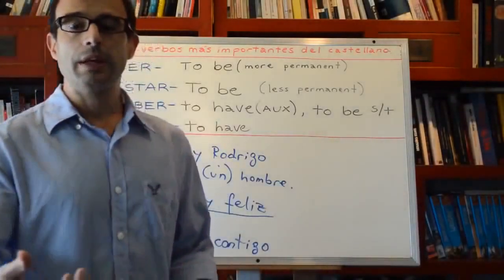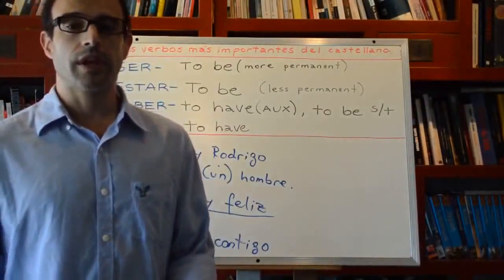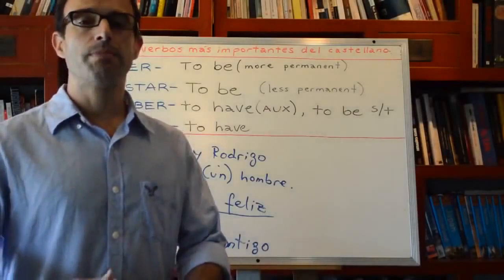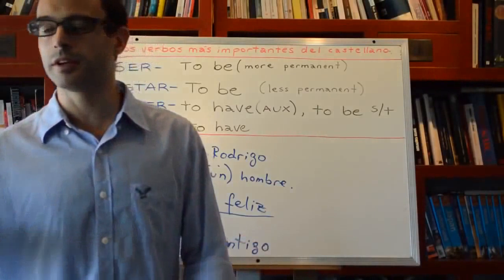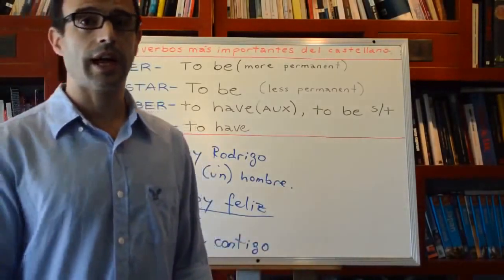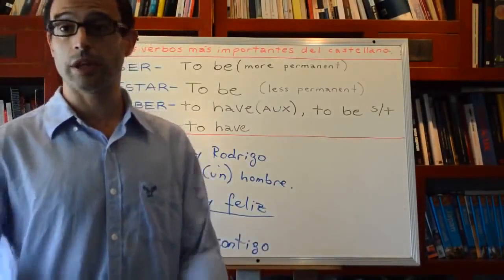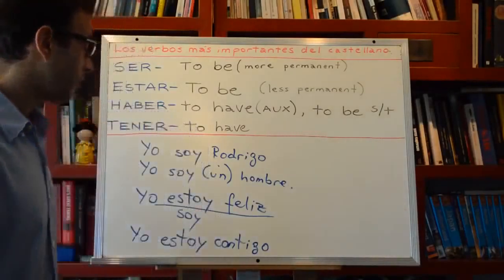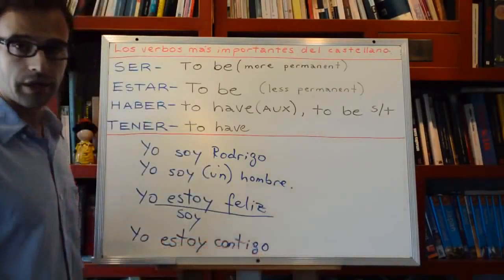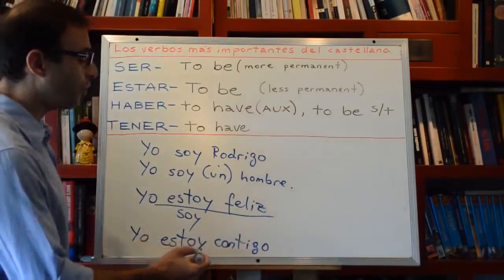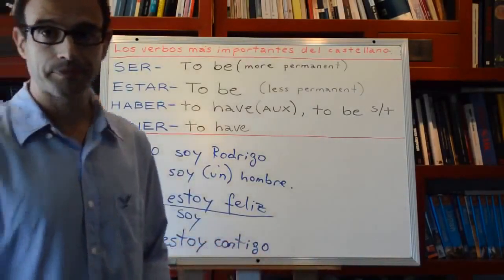This is something impermanent, right? Because it's not a permanent fact that I'm with you. Right now I'm with you, next year or next minute I can be with somebody else or just by myself, okay? Therefore we do not say yo soy contigo, okay? We say yo estoy contigo, okay?